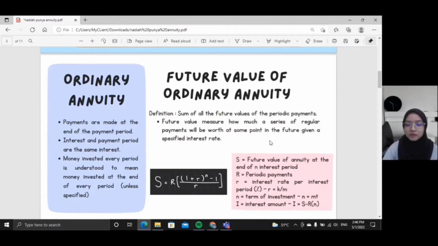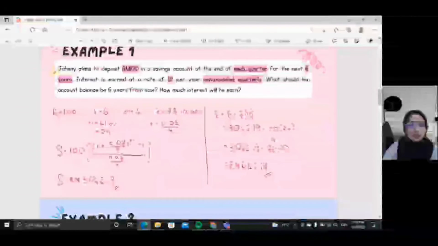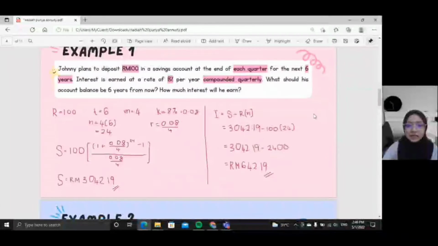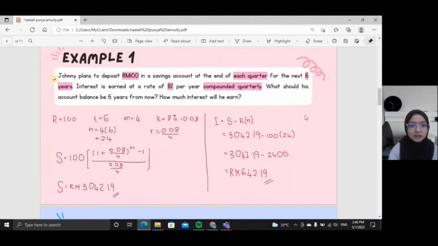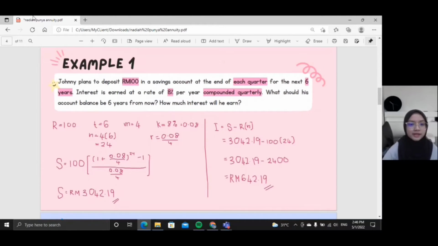Okay, so now we will go through the example of future value of an ordinary annuity. The first example, I will read that. Chuani plans to deposit 100 ringgit in a savings account at the end of each quarter for the next 6 years.